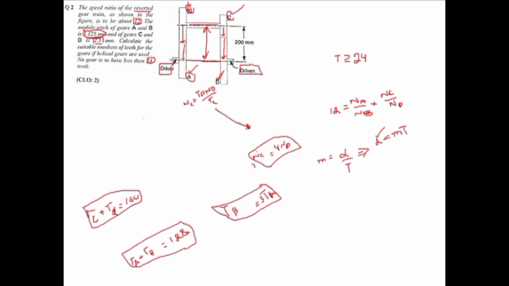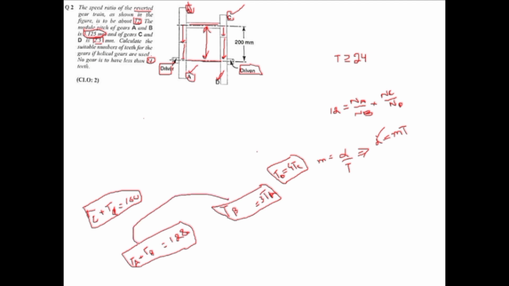And similarly putting this in this Nc, you will get Td Nd divided by Tc is equal to 4 Nd. This Nd can be cancelled out, and multiplying Tc on both sides, it will be cancelled from here, it will come over here. So you will get Td is equal to 4Tc.